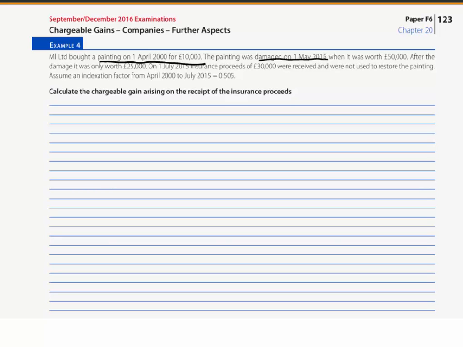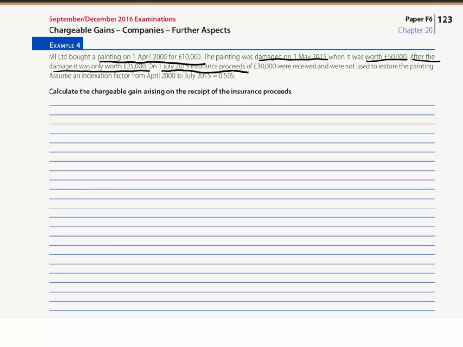So we then want to see whether any insurance money is received and what we did with it. First of all, though, they tell us that when the painting was damaged, at that point it was worth £50,000. After the damage, it was only worth £25,000.